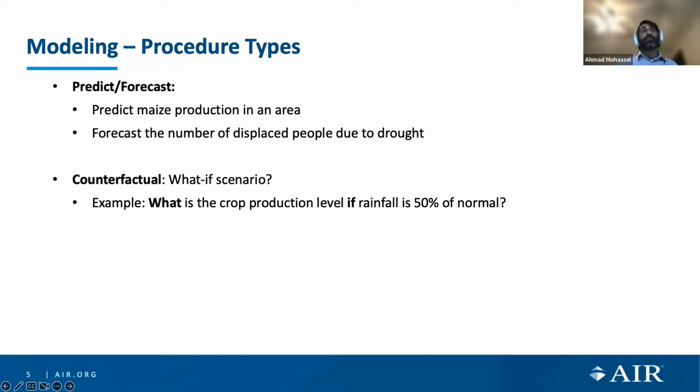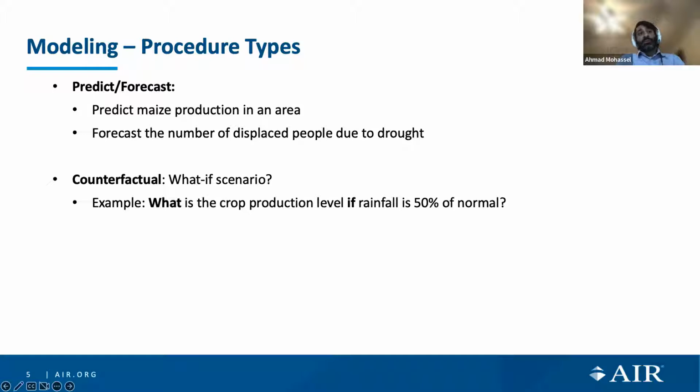But some models do forecasting, which means we are looking into the future, 3 months or 6 months from now. Some of the models that we built have both capabilities.